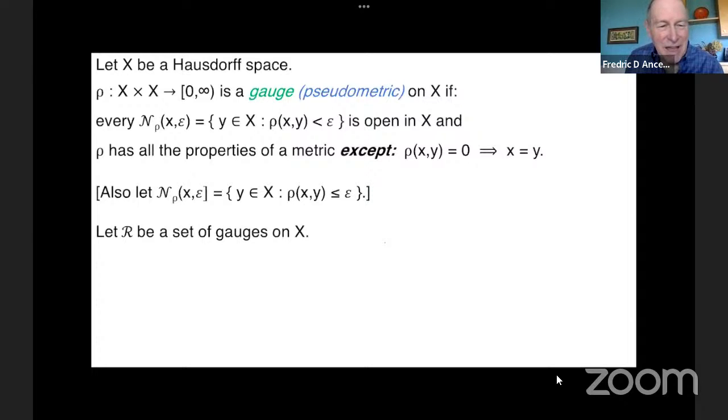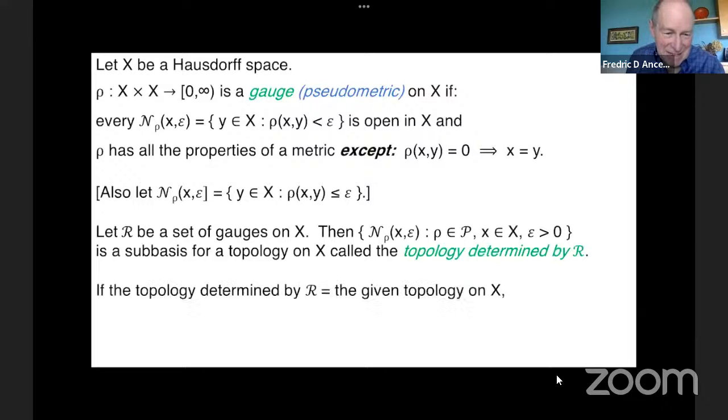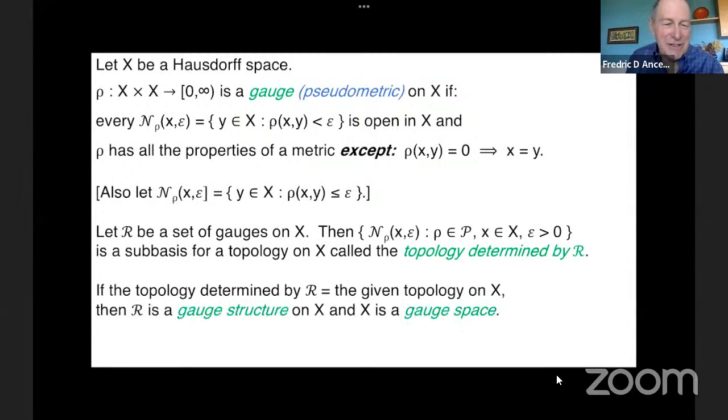So if you have a set of gauges on a space, they are a subbasis for a topology, which is the topology determined by the gauges. And if that topology is the same as the given topology, then we will call that collection of gauges a gauge structure, and we'll call the space a gauge space.